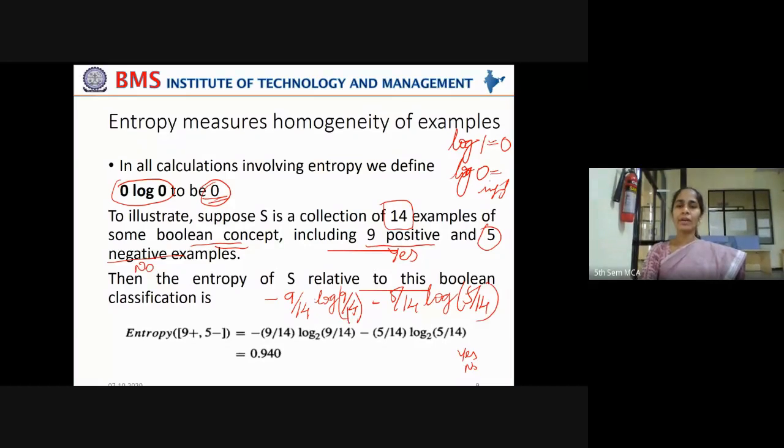You can take your calculator and find out that the value will be 0.940. That is what we are calculating as the entropy of this set of training examples. Now, what did you understand from the value of this entropy, 0.940? Is it high or low? Remember, entropy value lies between 0 and 1. Now you give me the answer whether this entropy value is high or low.